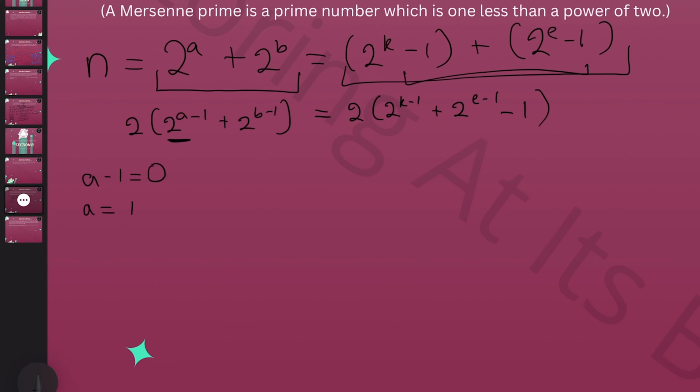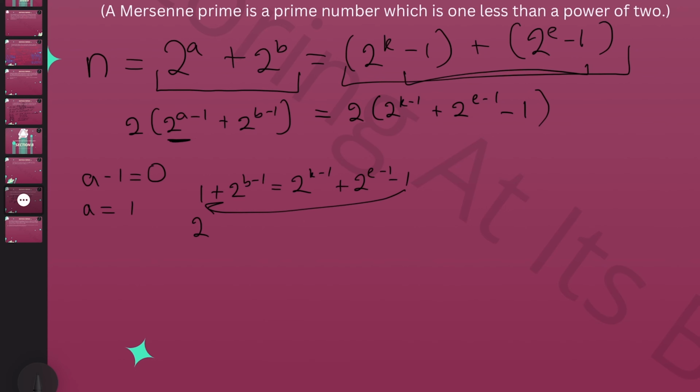Okay, I'm going to take the two brackets here. Now I've got 1 plus 2 to the b minus 1, which is equal to 2 to the k minus 1, plus 2 to the e minus 1 minus 1. And remember, I'm going to add 1 to both sides. So that becomes 2.